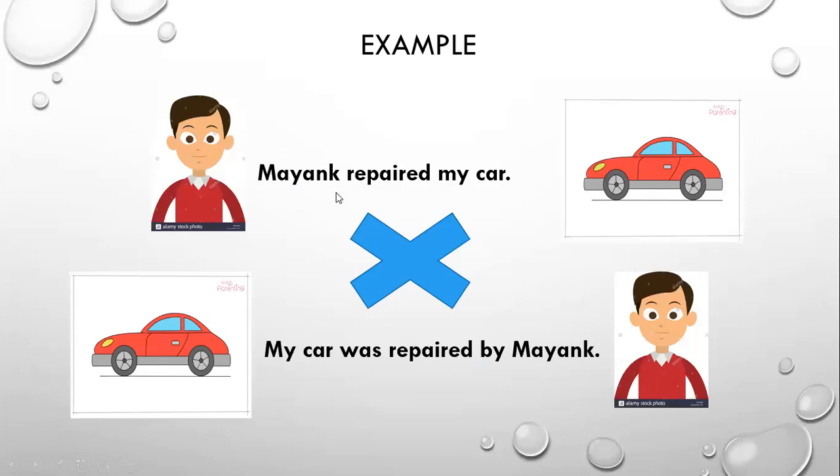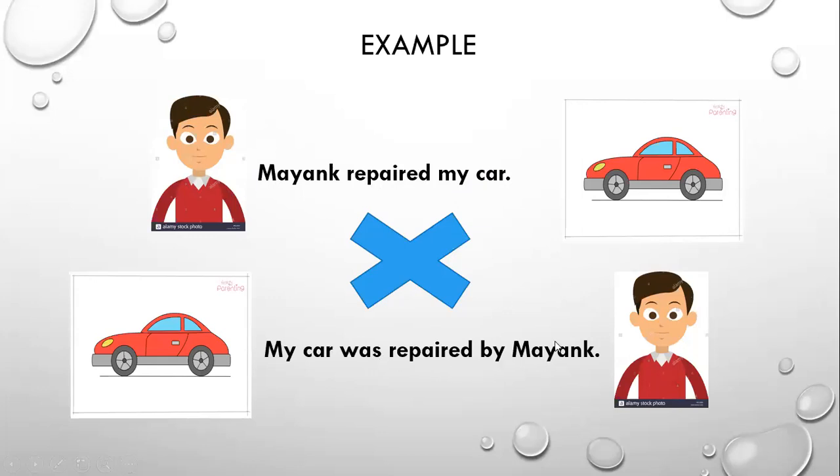Mayank is the subject, repaired is the action verb, and my car is the object. Now if I say the same sentence in another way, my car was repaired by Mayank, the sentence structure gets reversed.